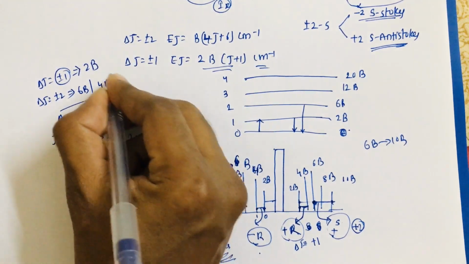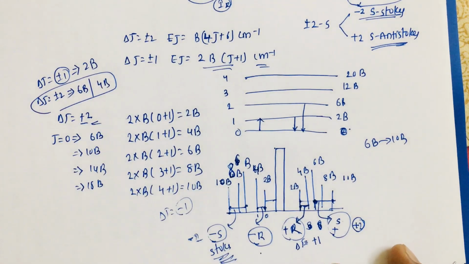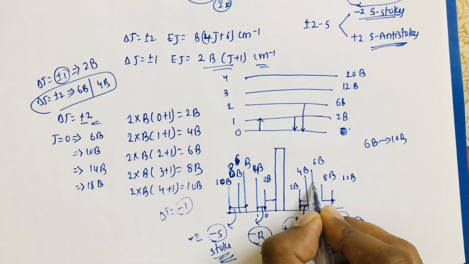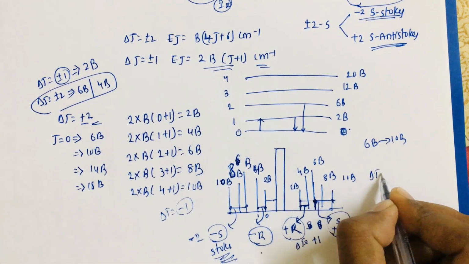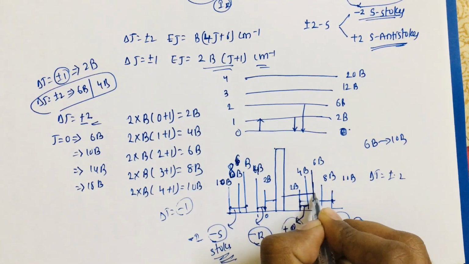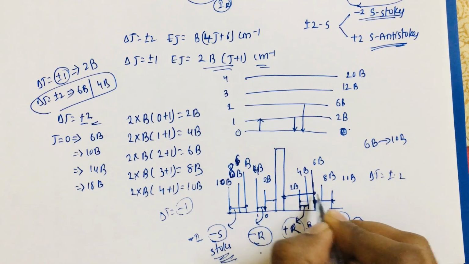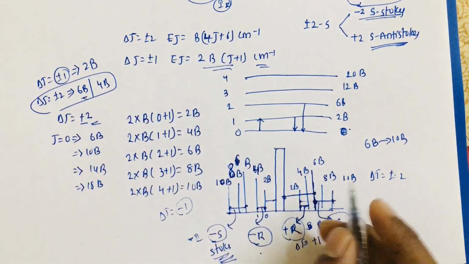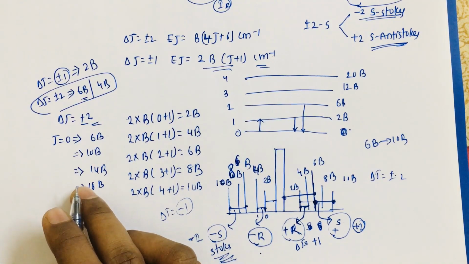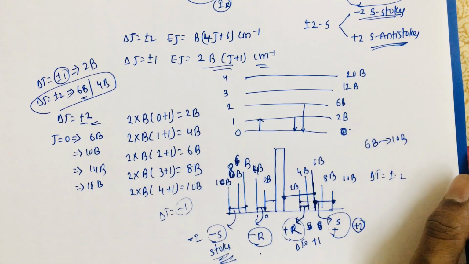I have explained this before. In case of delta J equals plus or minus 2, the first energy level will be 6B, so the energy difference between Rayleigh scattering and this level is 6B, and then from 6B to 10B it is 4B. So this is about the Stokes lines, for symmetric and asymmetric molecules.